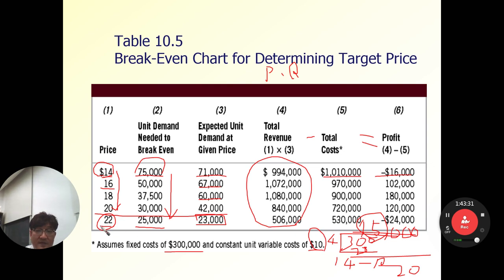If you increase the price to 22, your break-even point decreases to 25,000. However, demand, as in this case, is smaller than your break-even point, which means what? You also have negative profit. So what is going to be your optimal price? Can you choose the optimal price?